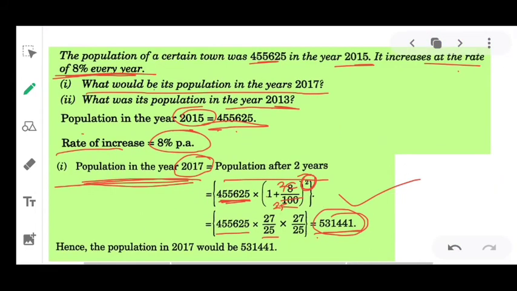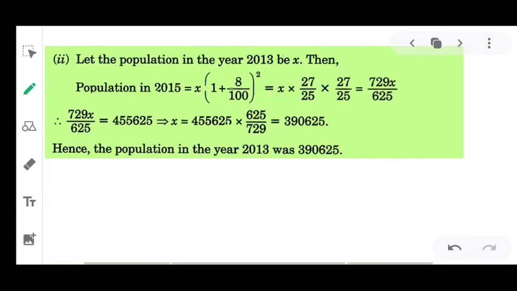Okay, next we have to find out the population in the year 2013 also. So let the population in the year 2013 be X. Then population in 2015 is X into 1 plus 8 by 100 raised to the power 2. That is the formula of compound interest.